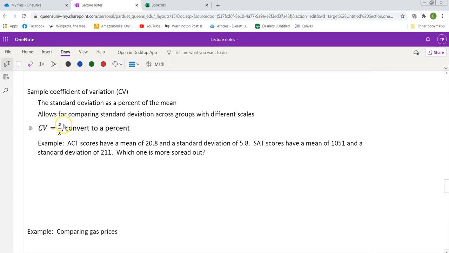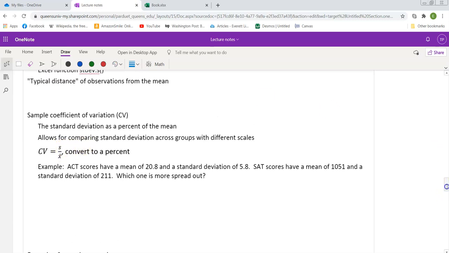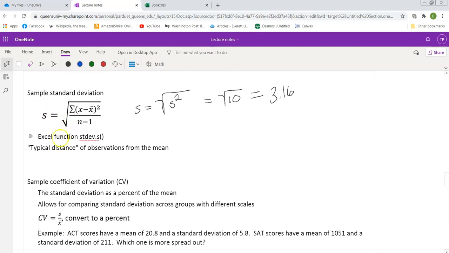One thing I want to mention up here is that the standard deviation, not the others, but the standard deviation is in the same units as the original data. Again, that's not for the variance or the sum of the squared errors, but because we take the square root here, this brings it back to the same units as the original data.